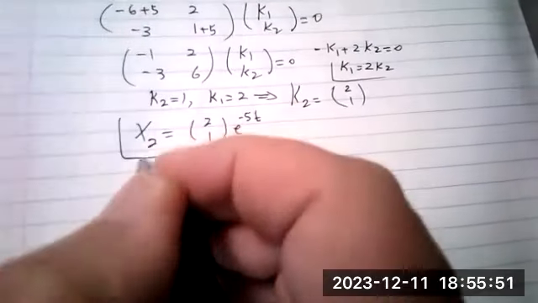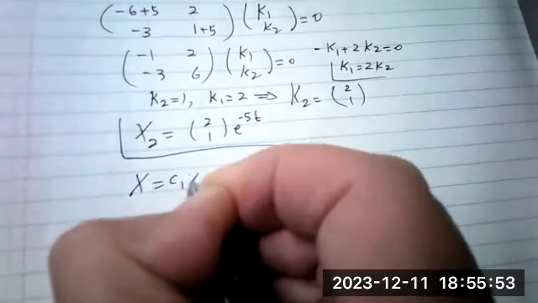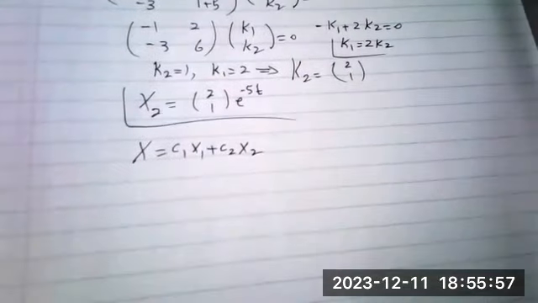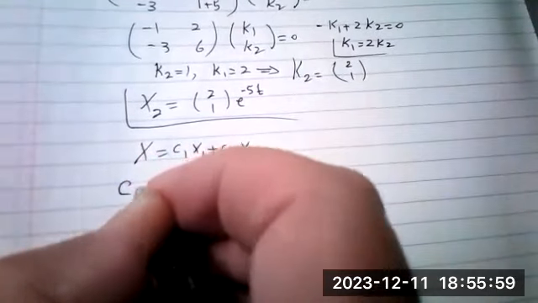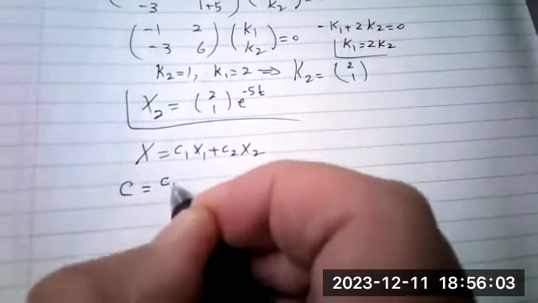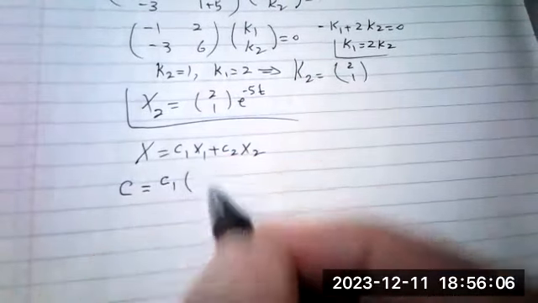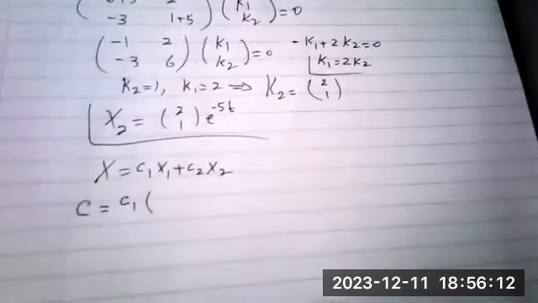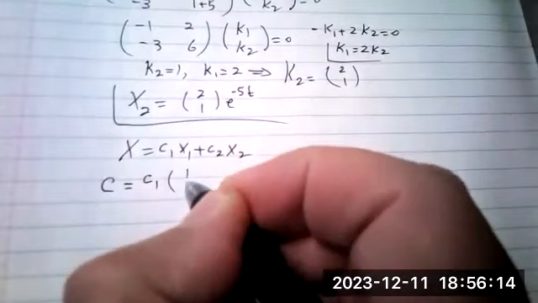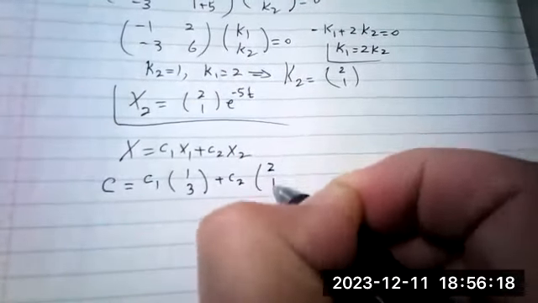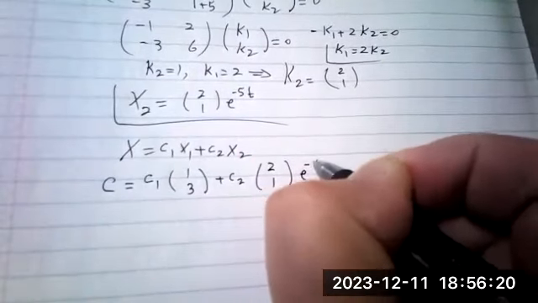That's it. So the final answer is C1 x1 plus C2 x2. We got C1 times the first solution, which was just a vector because the lambda was 0, so C1 times 1, 3, plus C2 times 2, 1 e to the negative 5t.